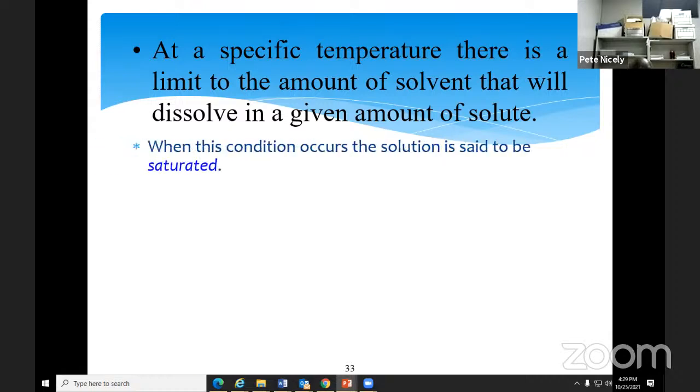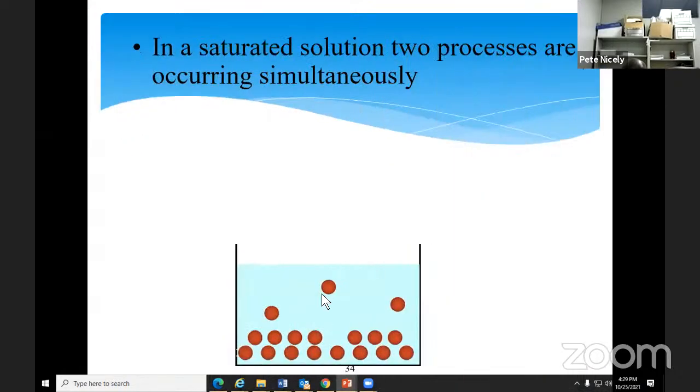So when you have this particular situation where the solution has the maximum amount of solute that can remain in a solution for a given amount of solvent, we call this solution a saturated solution, right? So basically what this means is that for a saturated solution, if you try to add in more solute to it, then the solute will not dissolve because it has reached its limit in terms of the maximum amount of solute that can be in the solution, all right?